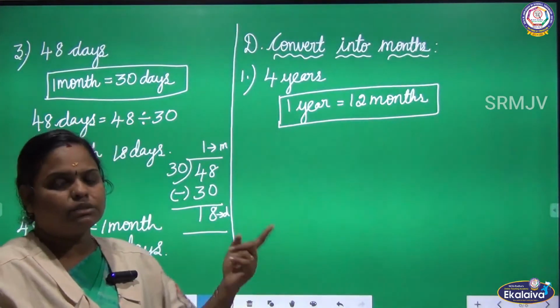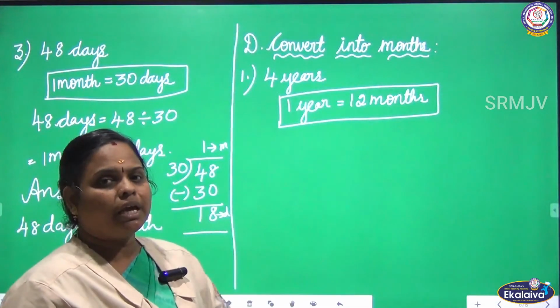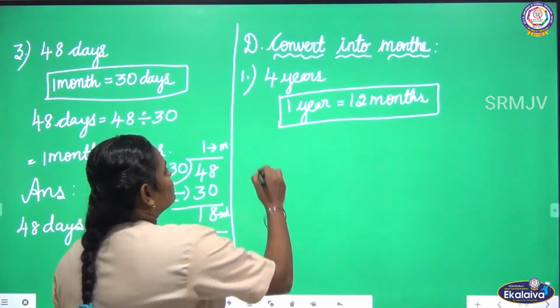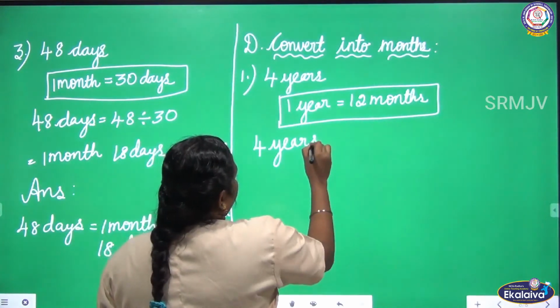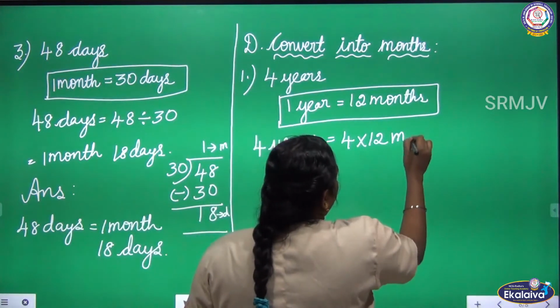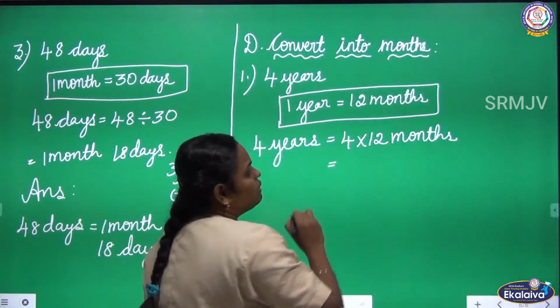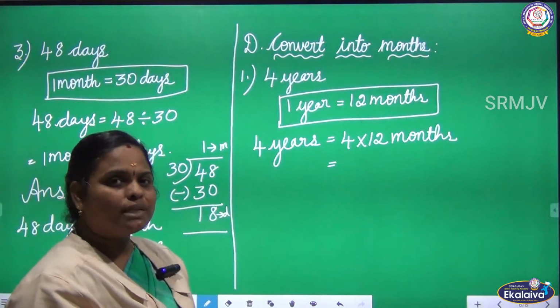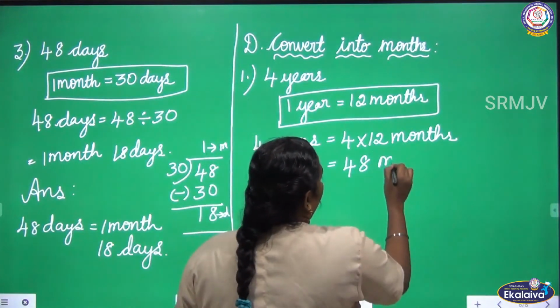So 1 year is 12 months. 4 years is, we are going to multiply 4 into 12. So what is 4 into 12? 4 12s are 48.